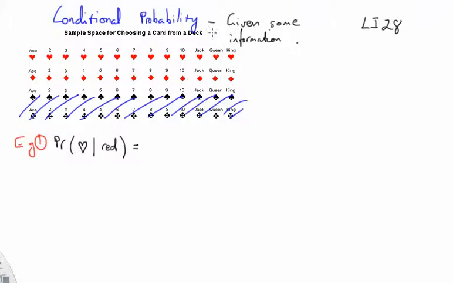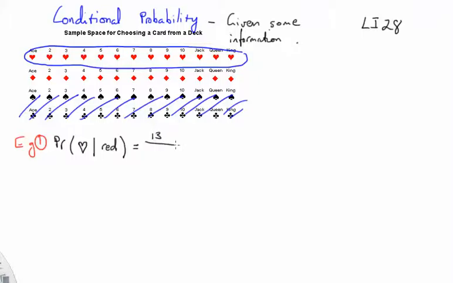What's the probability of it being a heart? Let's circle all the hearts. The probability is 13 out of, now there are only 26 possibilities. Before there were 52, but because we've been given some information, it's out of 26 now. And that simplifies to a half.